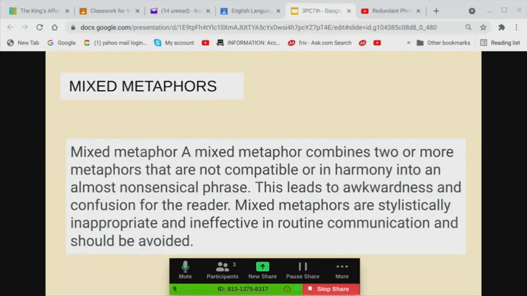So if we are faced with information that seems awkward or confusing, then more likely we're seeing a mixed metaphor. And sometimes, if we inject a metaphor at a location that doesn't make sense, it becomes a misused metaphor. So let's watch a video to see how best we treat with these.